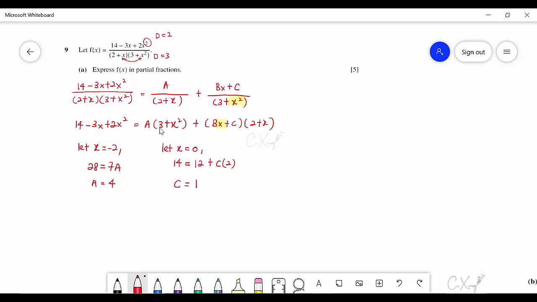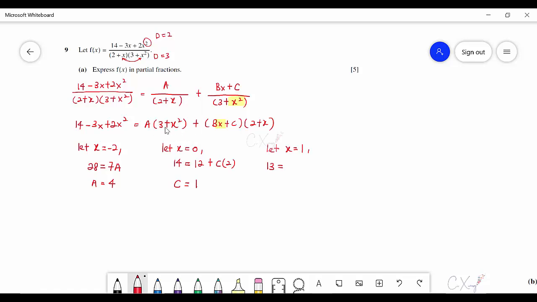Then now comes the very last unknown, B. To get B, you can use any value that you haven't used yet. Just now you used -2 and 0, so you can choose any value that you like. For me, I will choose a simple value, which is x equals 1. So substitute all the x in the equation. For x equals 1, if I substitute into the left-hand side, I will have 13 equals, then you substitute the 1 here.